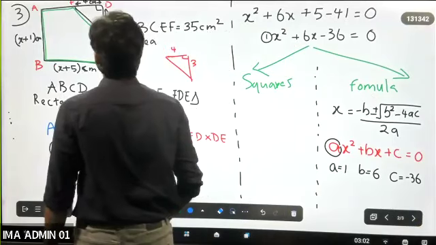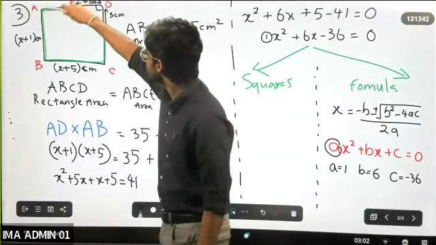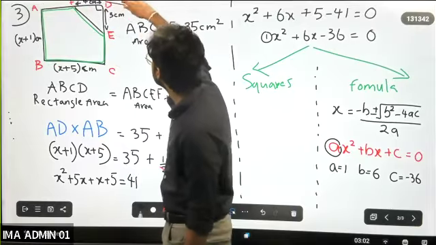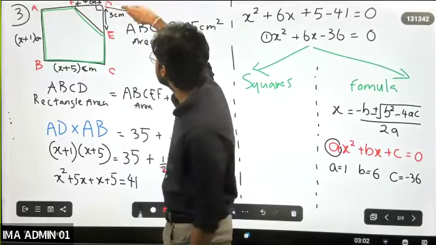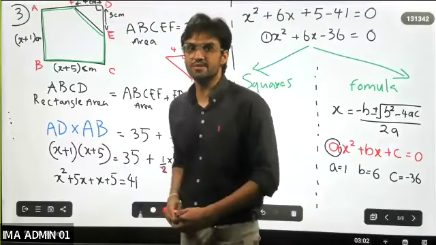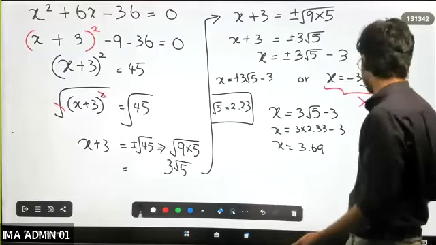So actually CE will be equal to this x plus 1 minus 3, no? This x plus 1 centimeter minus 3 centimeter, right? Understood? So we will write that down.